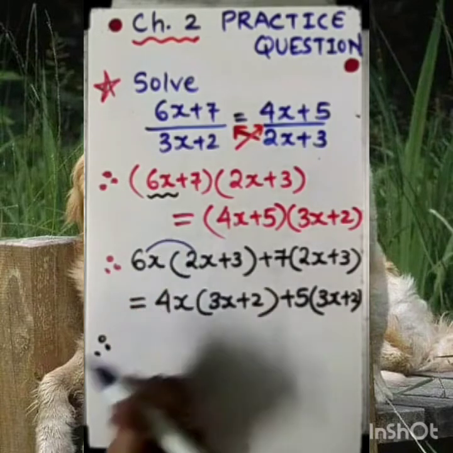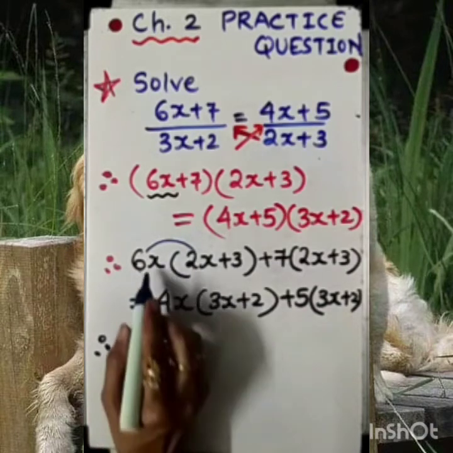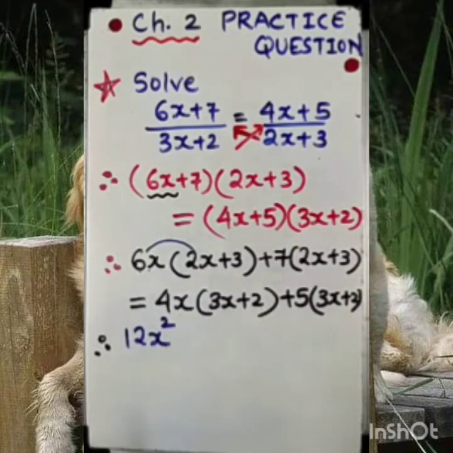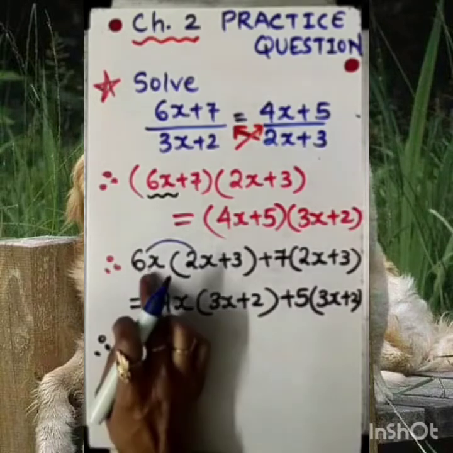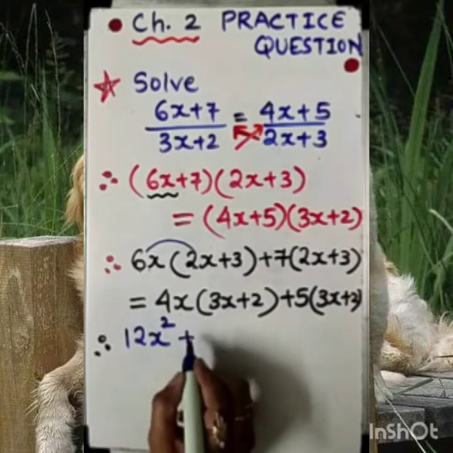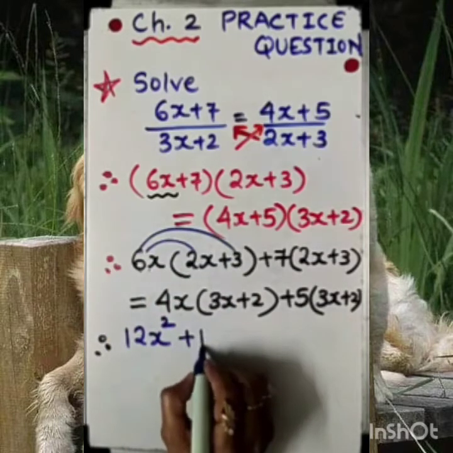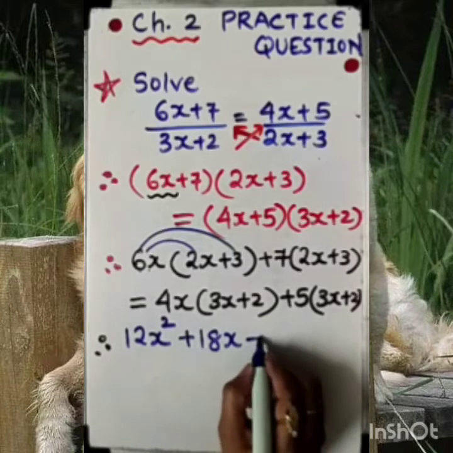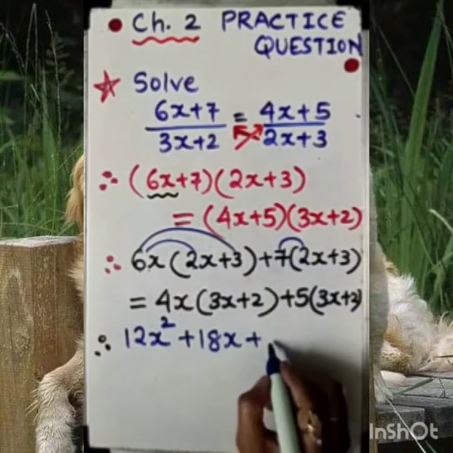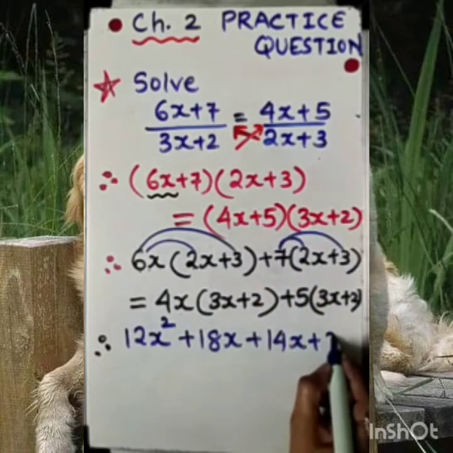6x into 2x. 6 2s are 12, well, x into x is x square. Be careful, dear student. Got it? Plus 6 3s are 18. Here we need to write 6 3s are 18. What about this, 7 2s are 14x, 7 3s are 21.